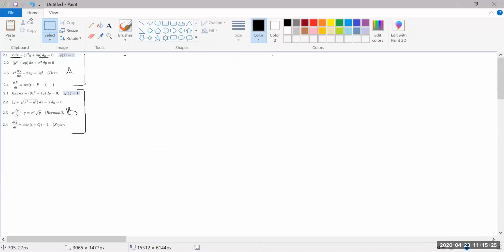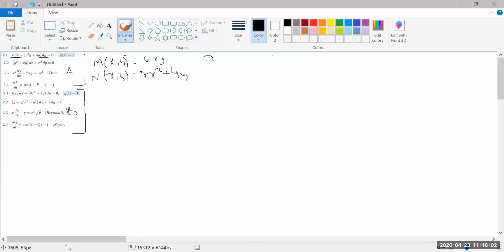Okay, so 2.1b. First thing we're going to do is identify our M of x,y and our N of x,y. Our M of x,y in this case is 6xy, and our N is 9x squared plus 4y.